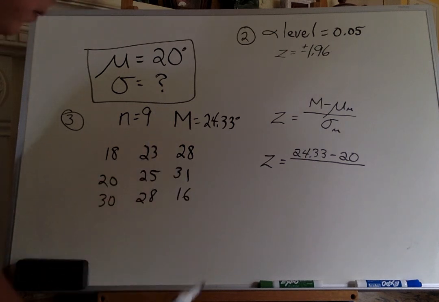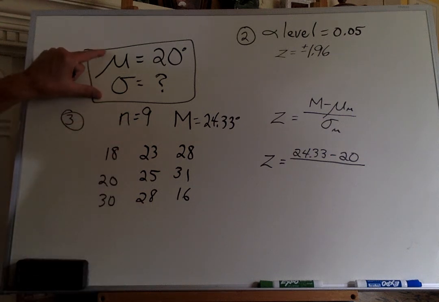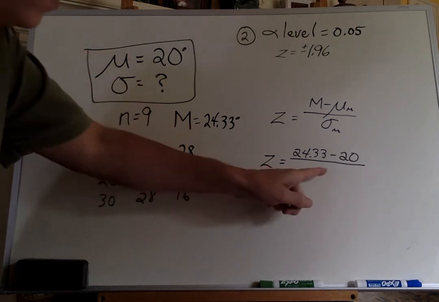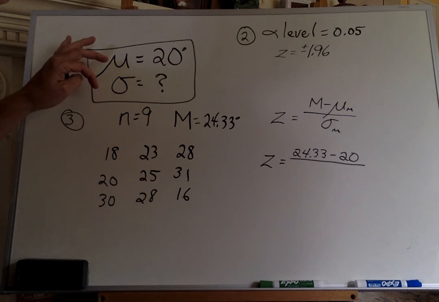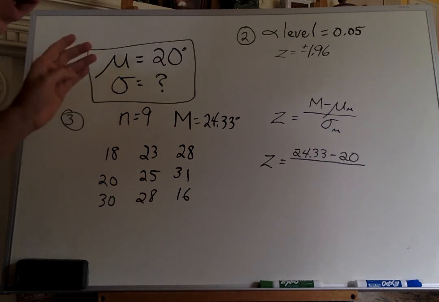Now, this is of the people that are getting the normal therapeutic intervention, but really we don't have that information. If we did, we could then put it in here. We don't have it, okay?